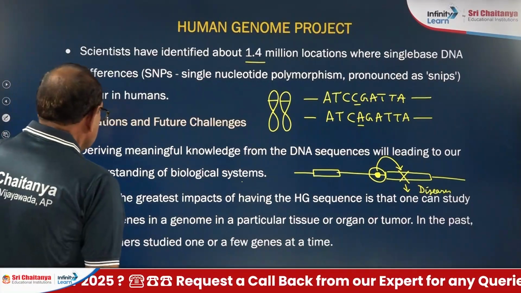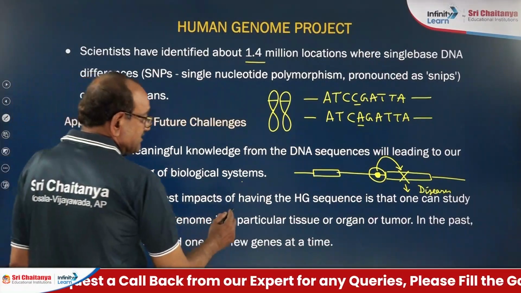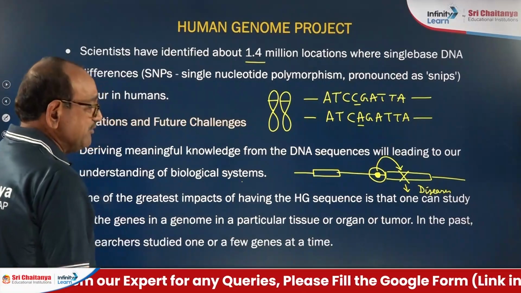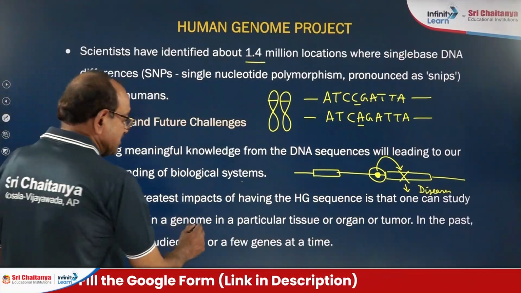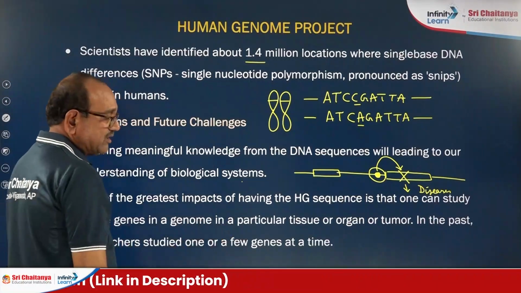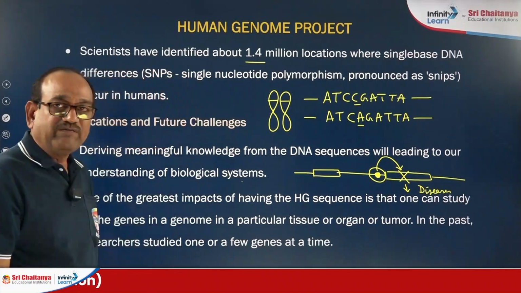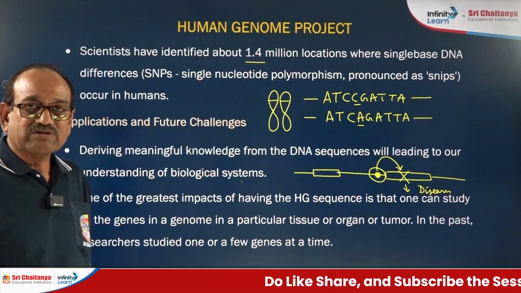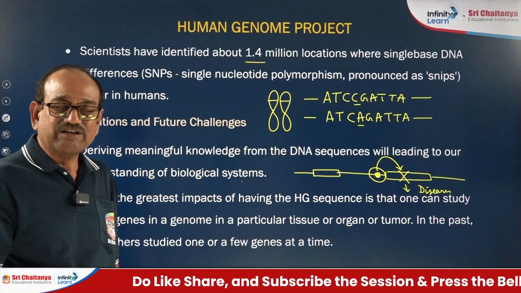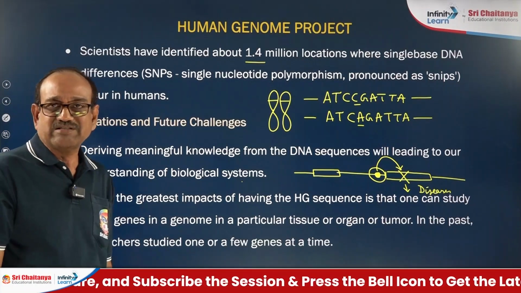Second, one of the greatest impacts of having the human genome sequence is that one can study all the genes in a genome in a particular tissue, organ, or tumor. Previously, this was not possible. Scientists were able to study only a single gene or very few genes at a time.